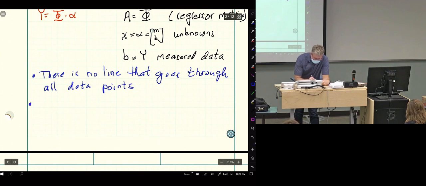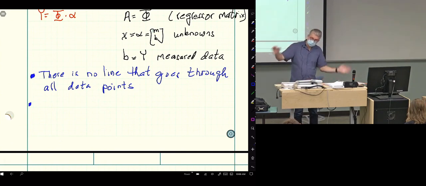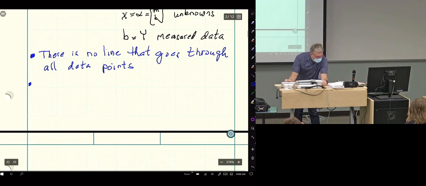You know, that might have been a mystery to us when we were 6 years old, but it's not a mystery to us now, okay? We get it. 3 points generally do not lie on a line. Okay, so if there's no line that goes through them, that means there is no solution to our equation.